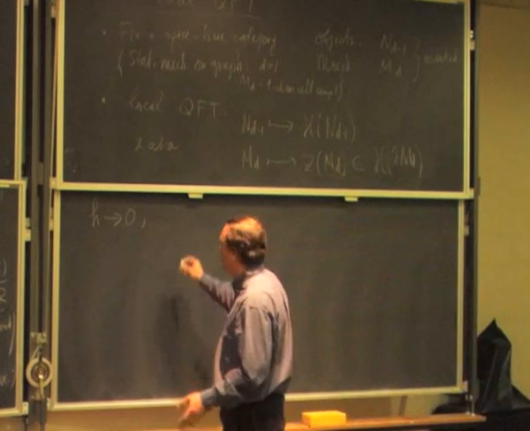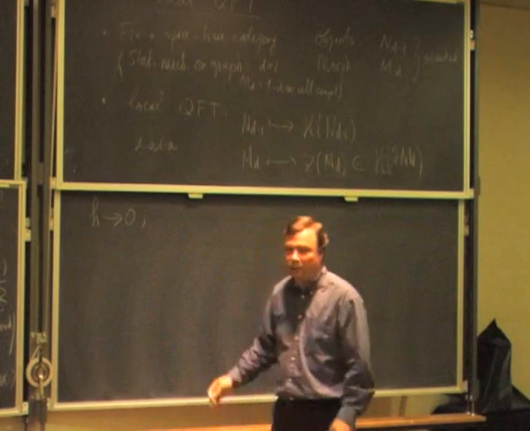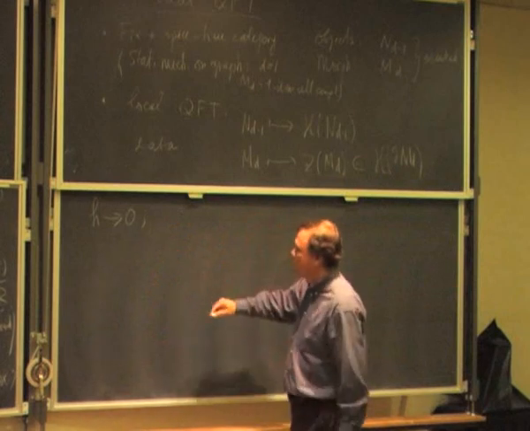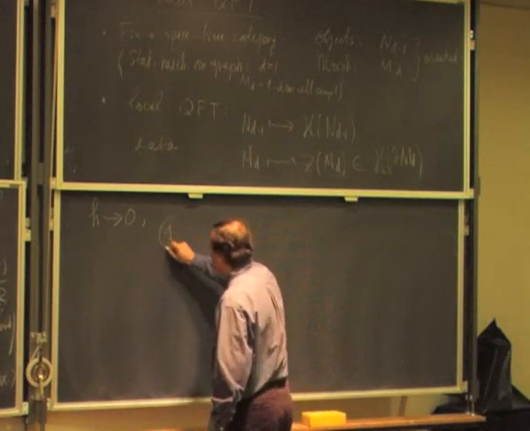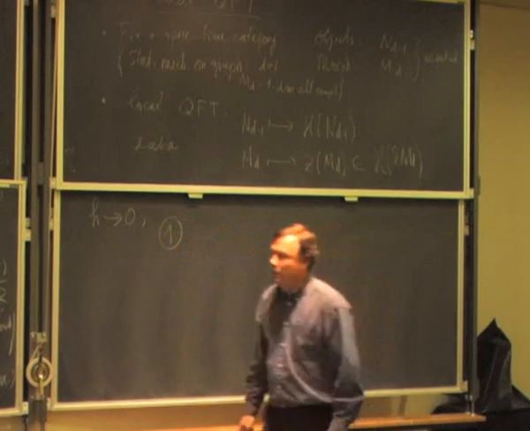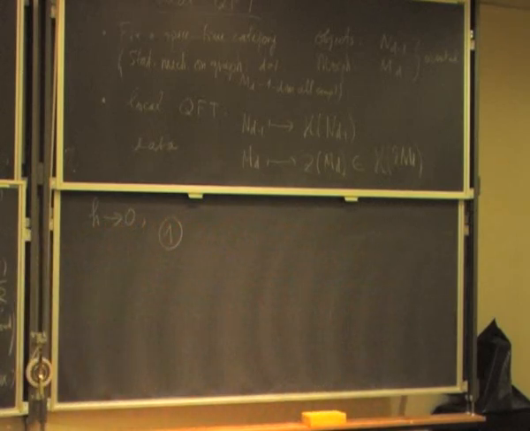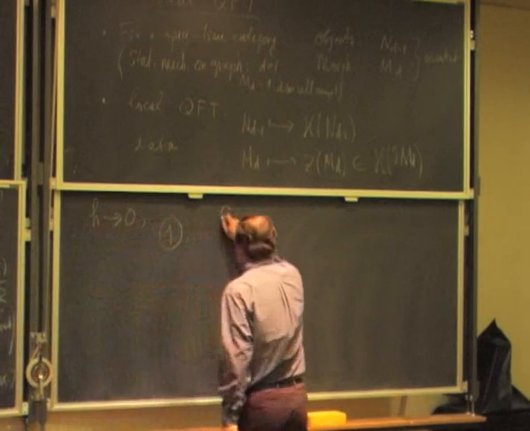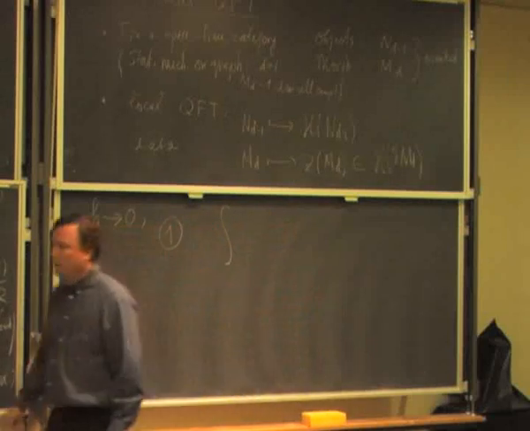So let me make a certain outline, and then we'll follow this outline. You can see that this is some sort of non-existing oscillating integral. And if there is a gauge symmetry, then it's even worse.